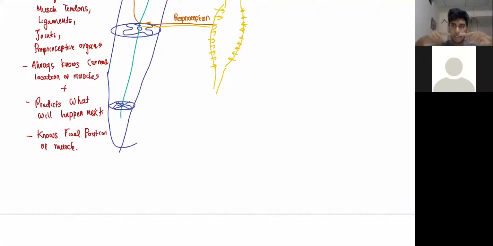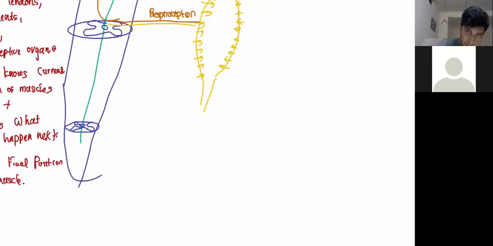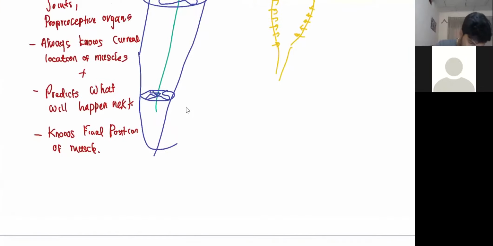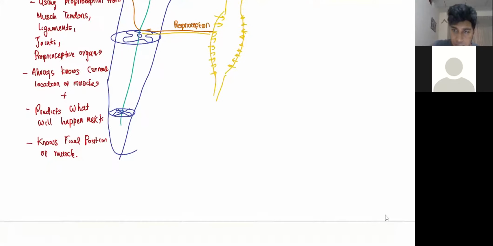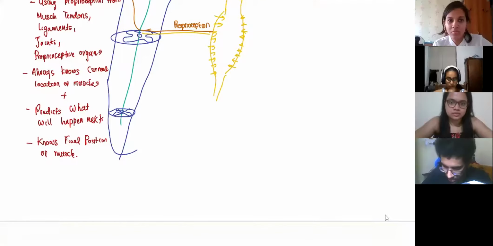So the idea is given by the cerebral cortex, bring the two fingers together, and you bring it. Cerebellum has told the final position. Okay. Wait, let me go back to the board. Guys, if you don't understand this concept up to now, please ask me.